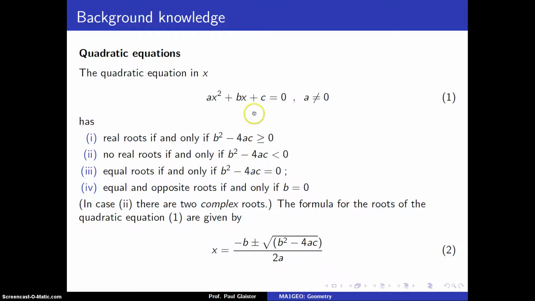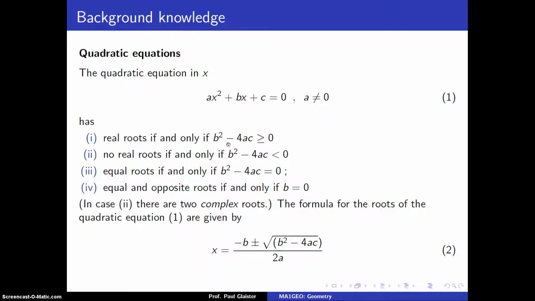What you need to know is that a quadratic equation written in this form, for which a, the coefficient of x squared, is non-zero, has two roots. They're either distinct and real if b squared minus 4ac, the discriminant, is greater than 0.